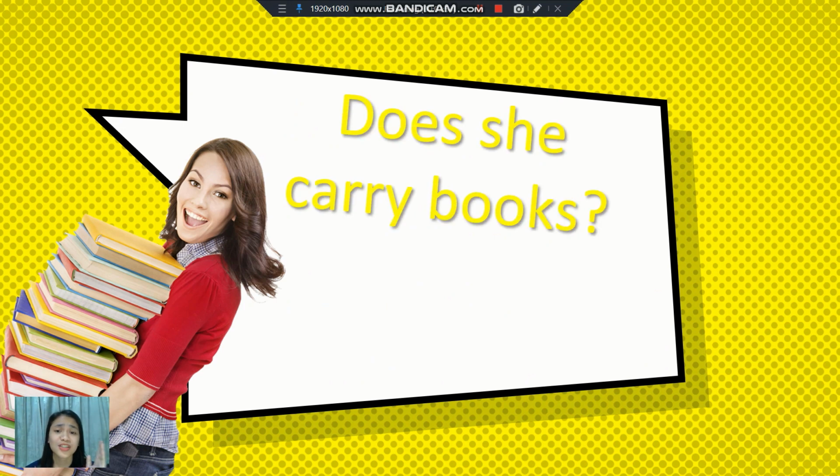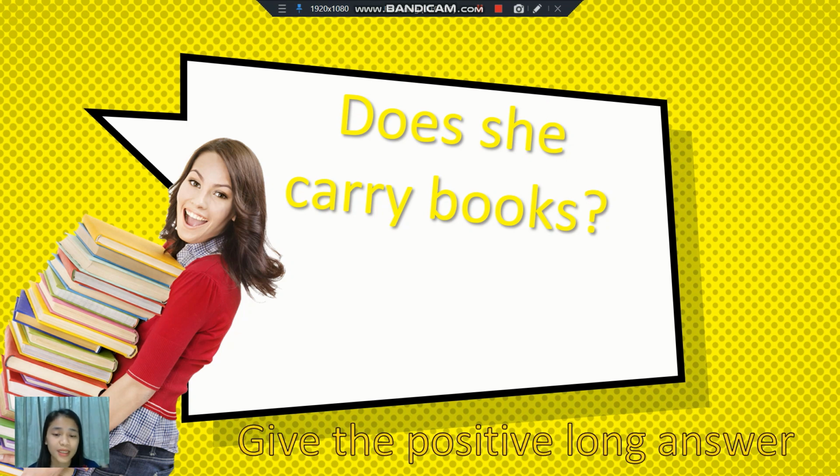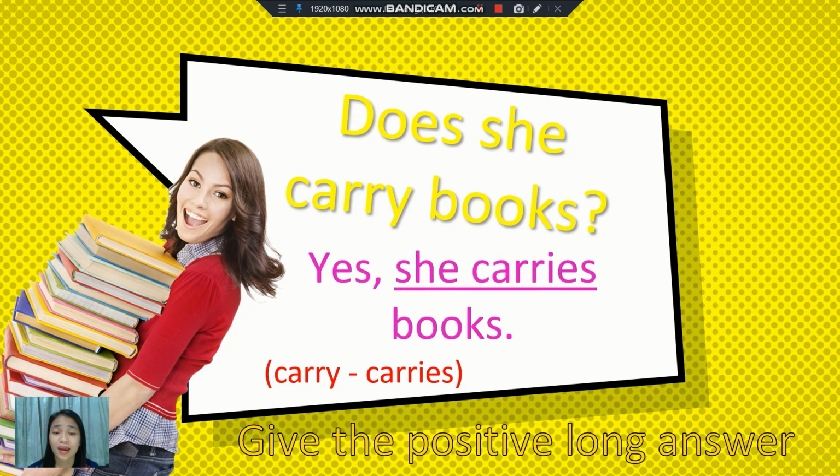This one, does she carry books? What is your answer? Give me the positive long answer. Carry becomes carries. So yes, she carries books. So she is only one singular subject.